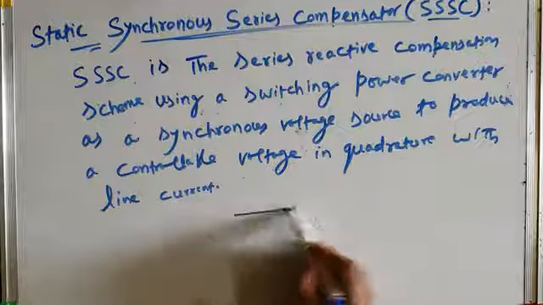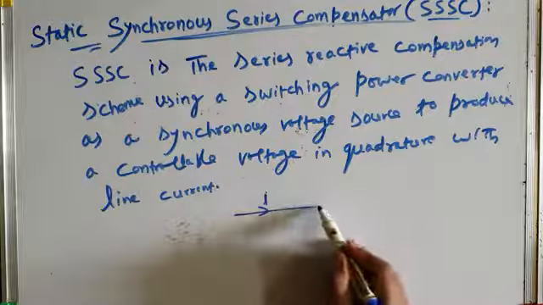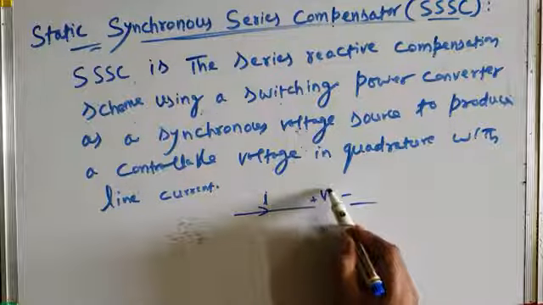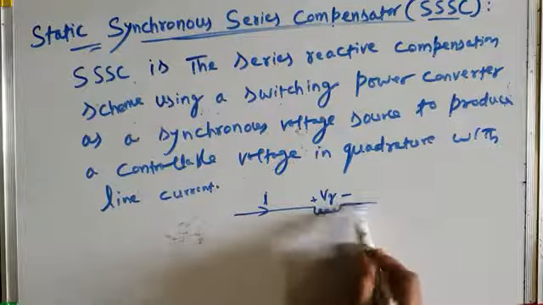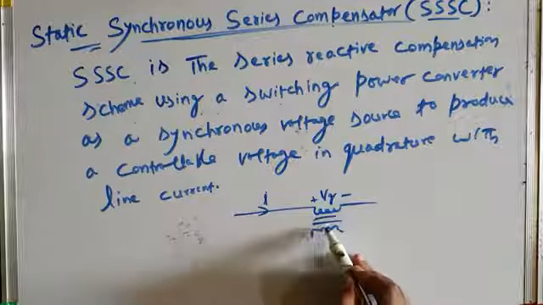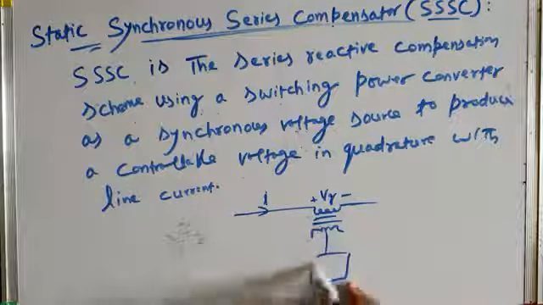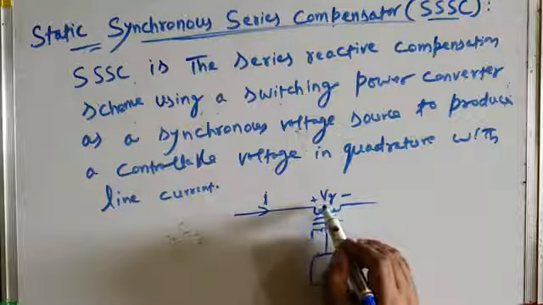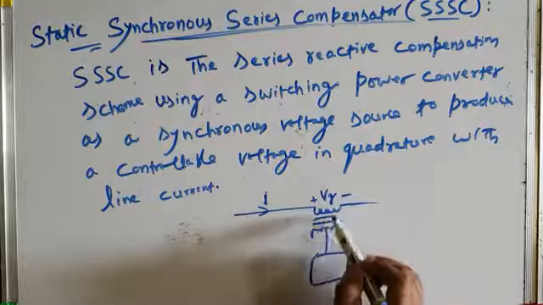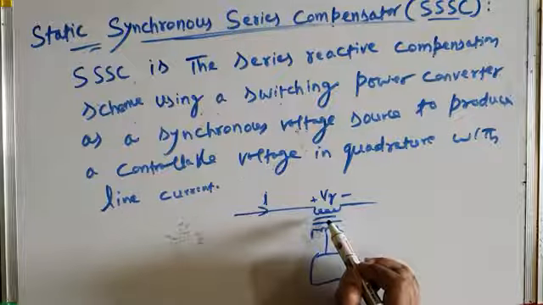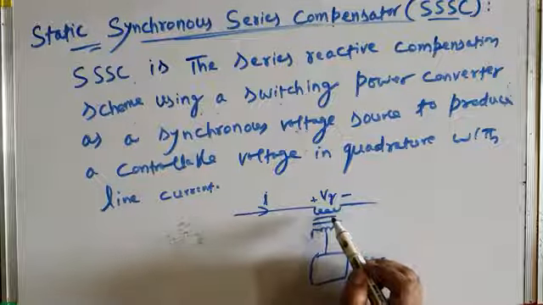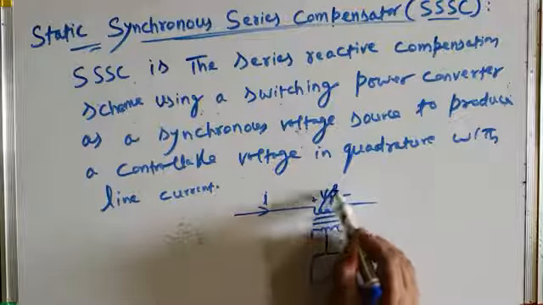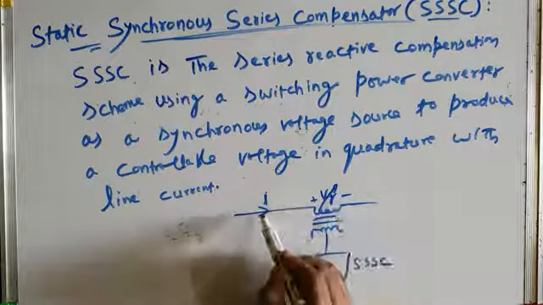For example, if this is your transmission line, in series with it you inject some voltage, say VQ, maybe through an injection transformer connected to your SSSC. The SSSC produces a voltage, and that voltage is injected. So your SSSC acts as a voltage source, called a synchronous voltage source. It produces a controllable voltage, VQ, in quadrature with current.